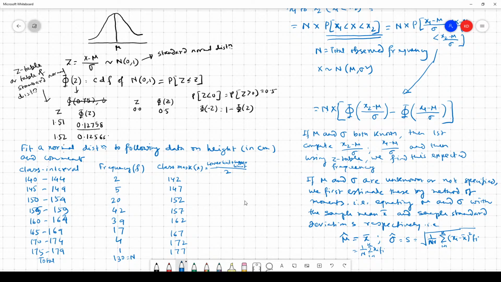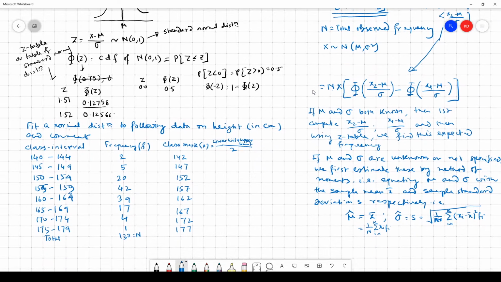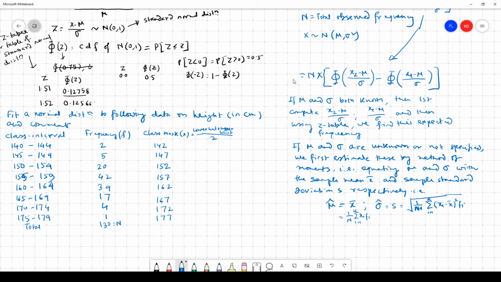For computation purpose, we change this x to y, where y equal to (x minus 157) by 5. 157 is a location and 5 is a scale, and 157 is a middle portion of this class.